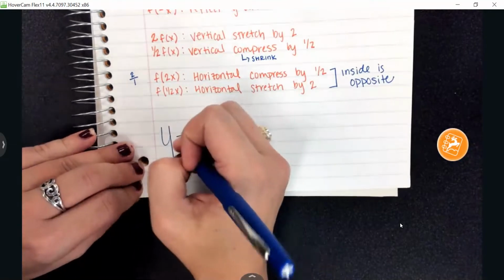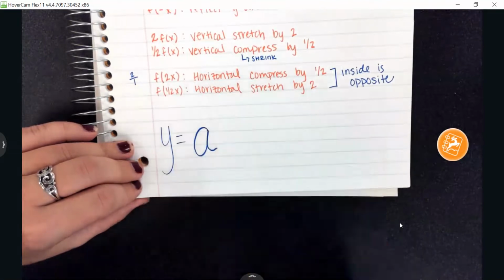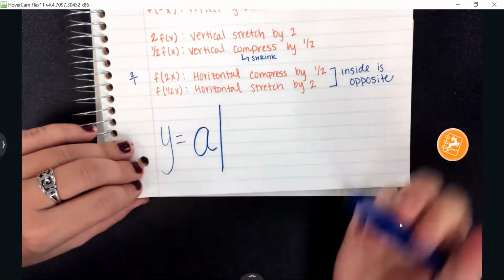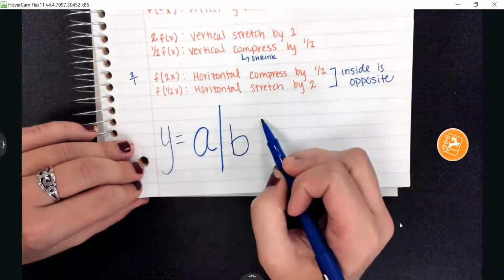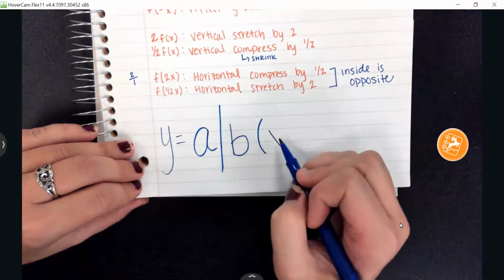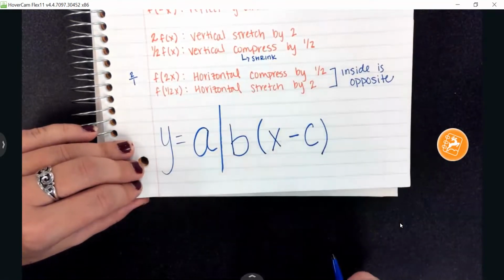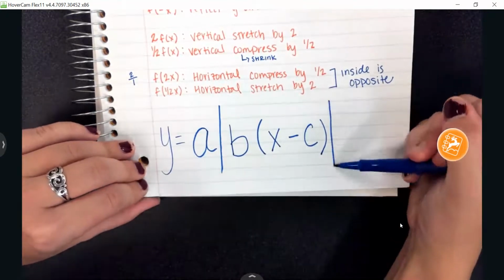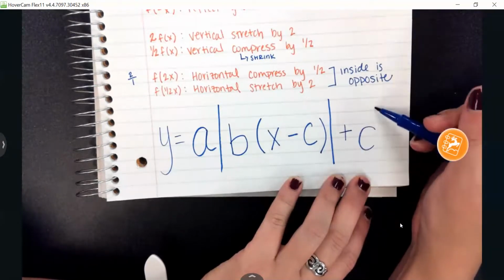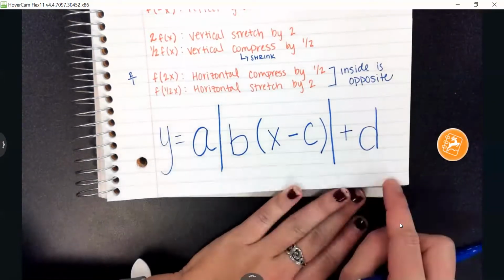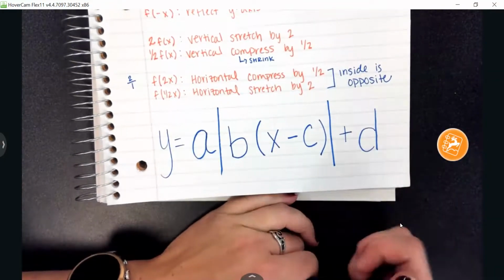Y equals A, absolute value of B, parentheses, X minus C. Then I'm gonna close my absolute value, and I'm gonna have a plus D. These are just letters because they stand for where numbers will be, okay?